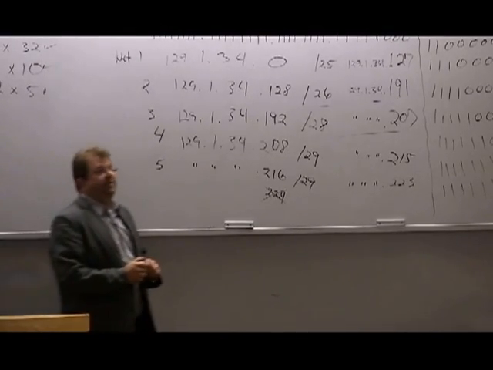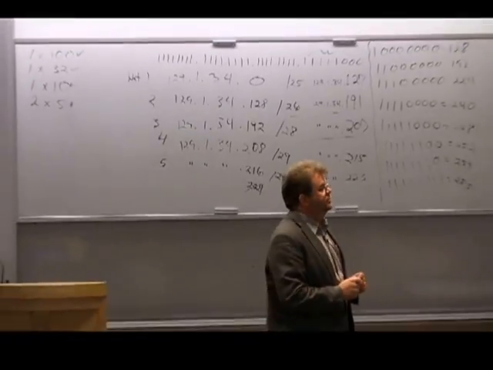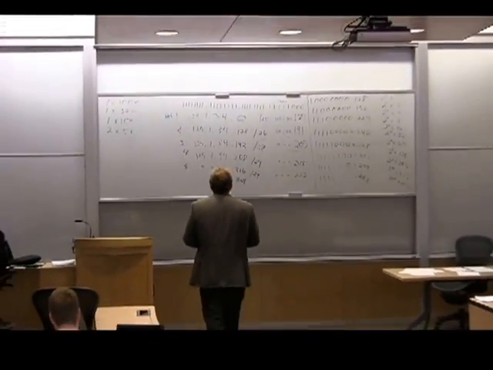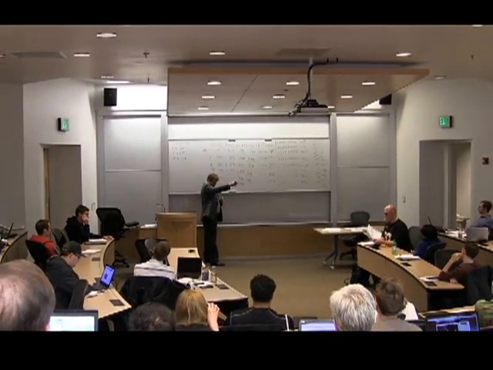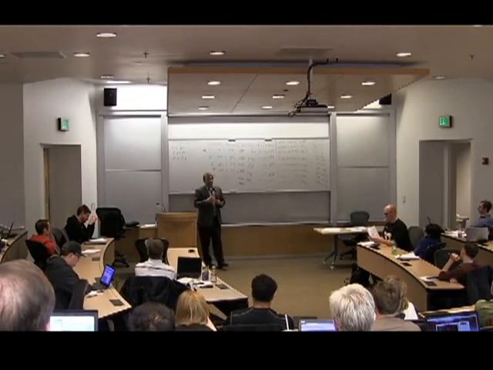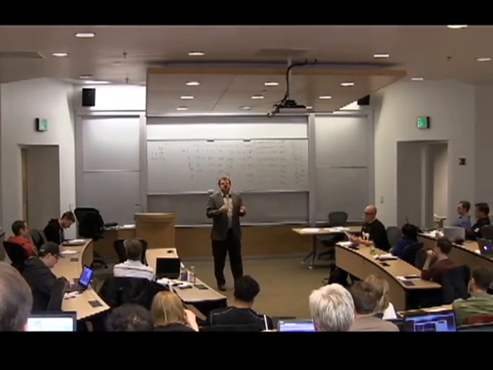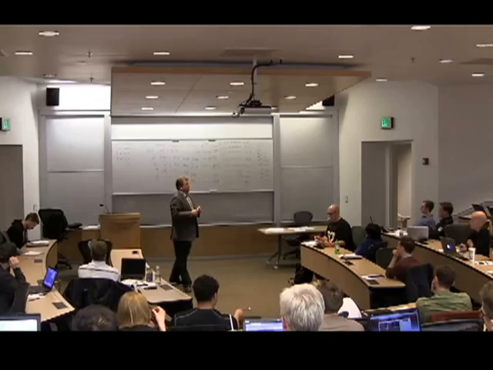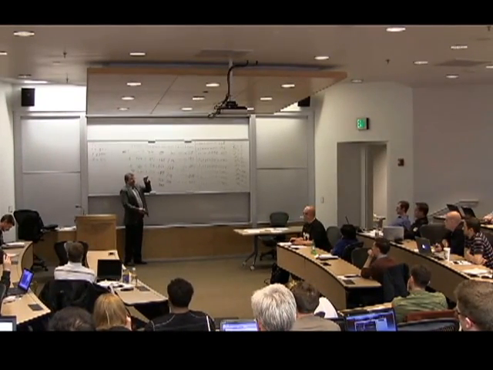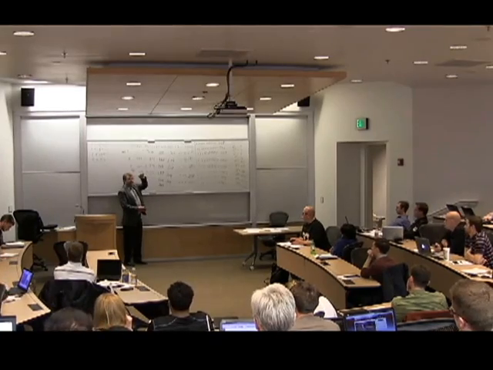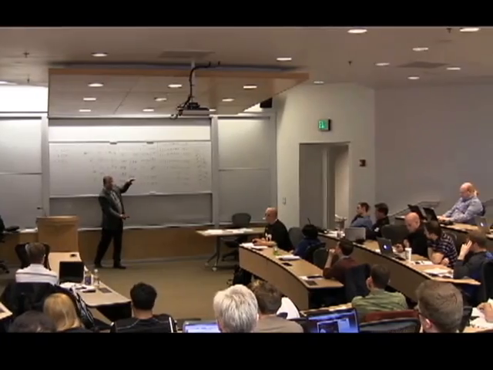Questions? Yes? If you were to go further and ask what the usable addresses in each of those ranges are, would we just subtract 1 from the broadcast and add 1 to the network? So his question was what if I asked for the range of valid addresses? The only 2 we can't use are the all zeros, which means this network, and the all ones, which is the broadcast.